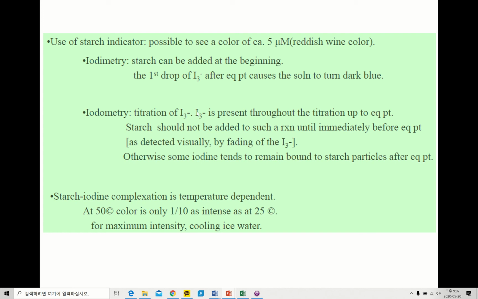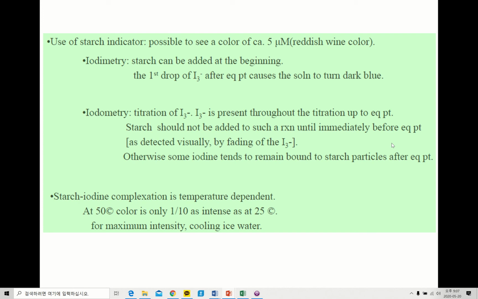You understand? If you add the starch indicator at the beginning, then that dark blue color will remain until the equivalence point. So that may confuse you.